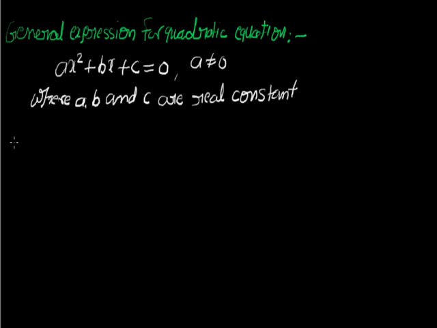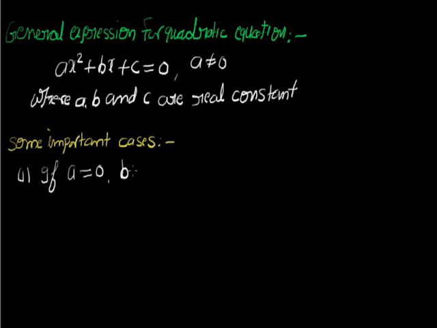So we can write some important cases. Let us come to the first case, in this equation, if a is equal to 0 but b and c are not equal to 0.